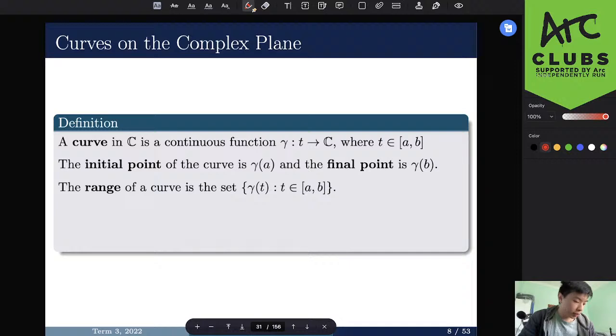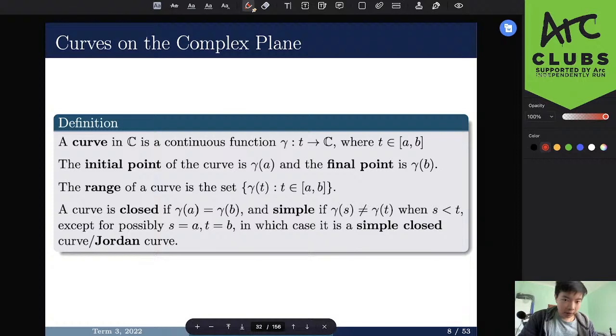It also has a range, and that's every single possible point which the curve has, and of course you can just think of it like a range in the real functions. It's essentially the same, except of course each point is complex, so we have a range which is a set of complex numbers.